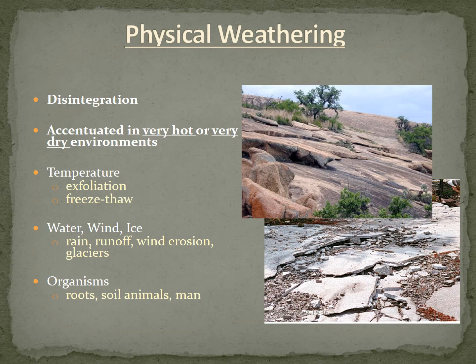Other transformative features of water include rain and runoff. Wind erosion also has a huge effect on transformations and physical weathering. Organisms like roots, soil animals, and mankind have an effect on physical weathering.